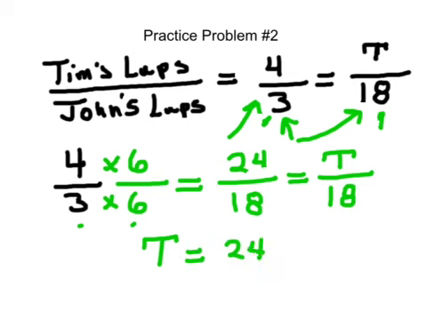That is, this number here is going to have to be the same as that number right there. So T would have to be 24 in order for this fraction to be the same as that fraction. So the answer is Tim would run 24 laps when John runs 18.